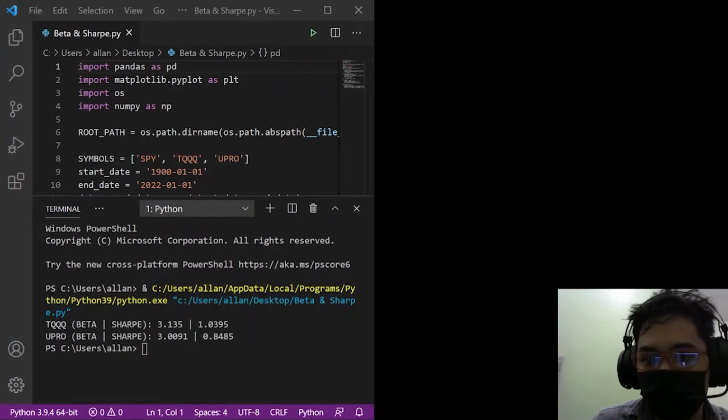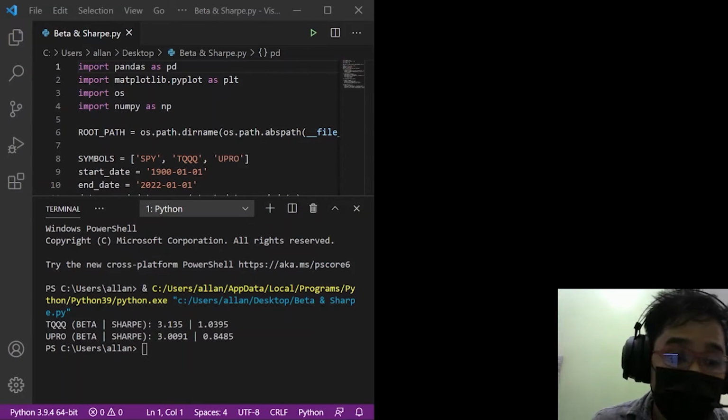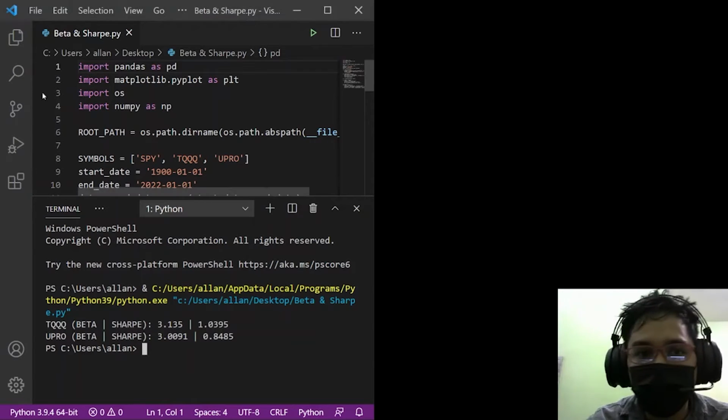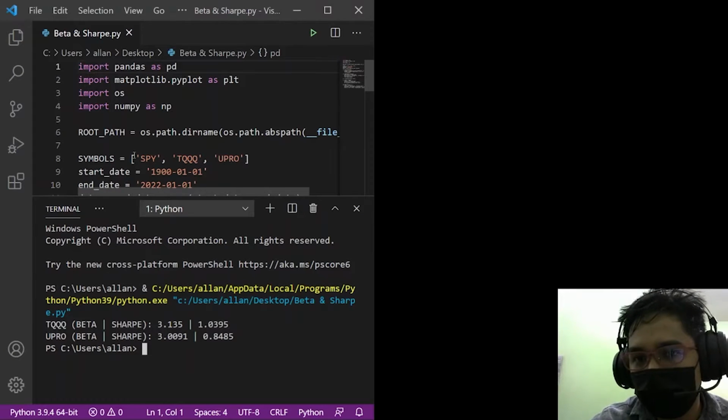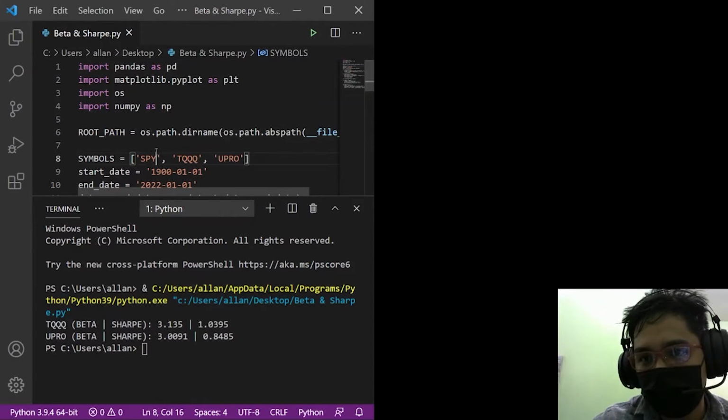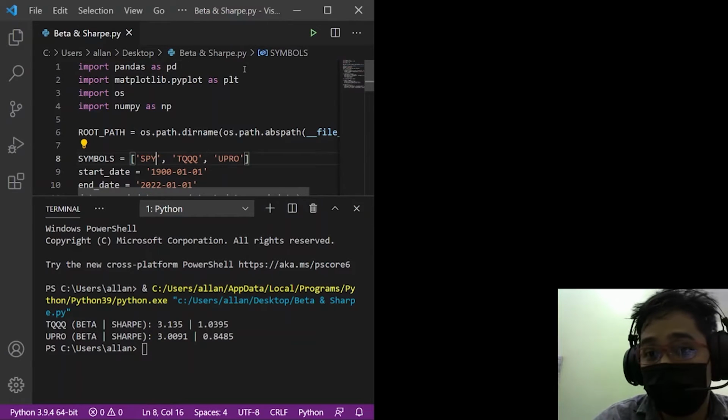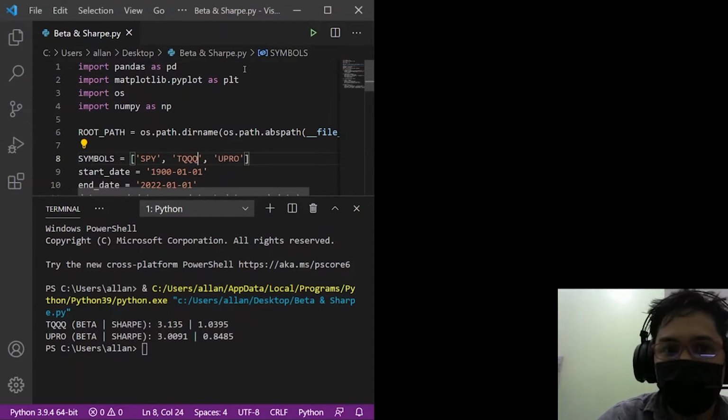This is a Python code I made that calculates the beta and Sharpe ratio of a certain stock, and this is also applicable to index funds. In this code, we use SPY as the base ETF, and we're going to use TQQQ, which is the 3 times leverage Nasdaq, and UPRO, which is the 3 times leverage SPY.